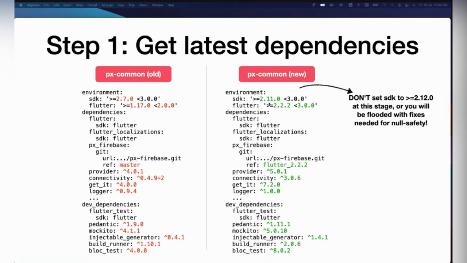But don't set it to 2.12, because if you do, then when you run Flutter analyze, it will expect that you intend to do null-safety fixes in your entire code base, which is a huge pain. I will share more about that in a later slide. So don't set it to 2.12 yet, just keep it at 2.11, okay?